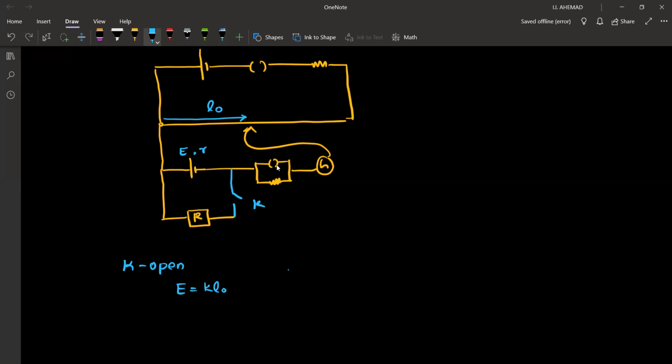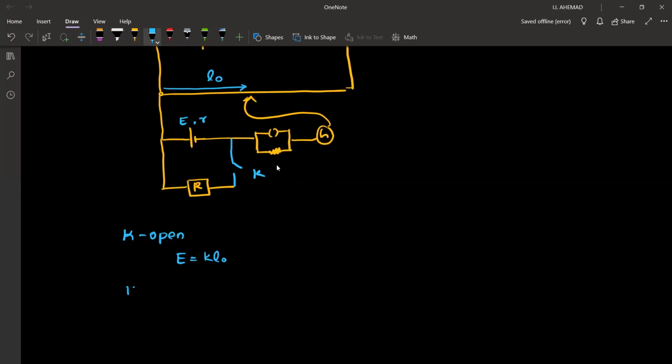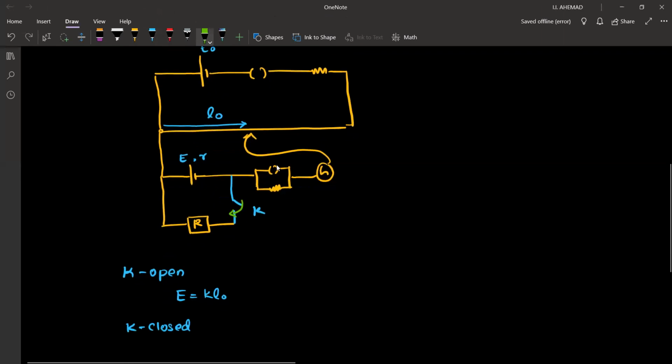Now K is closed. When K is closed, the circuit slightly differs. When you close K, now you will have a current flow in the secondary circuit. Due to that current flow, this time the terminal voltage will differ.